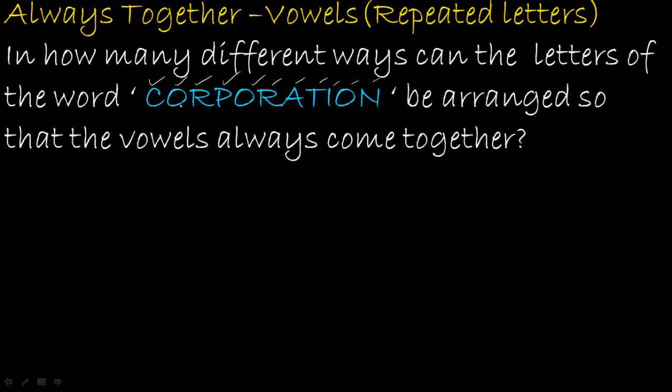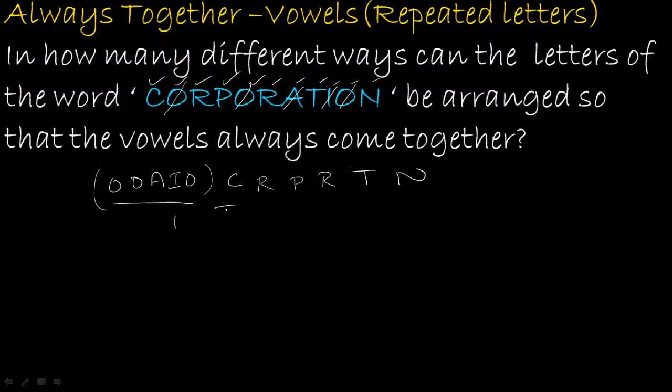So here the vowels are O, O, A, I, O. So these 5 letters are vowels, and we treat these vowels as only one entry. That is, we treat the 5 vowels as only one letter, and write down the remaining letters. We get C, R, P, R, T, N.